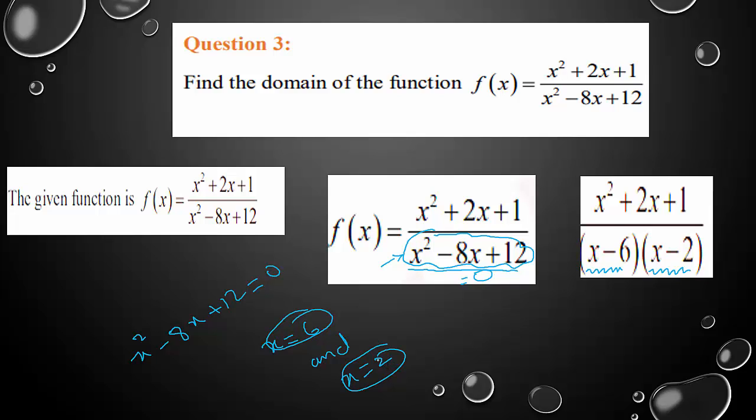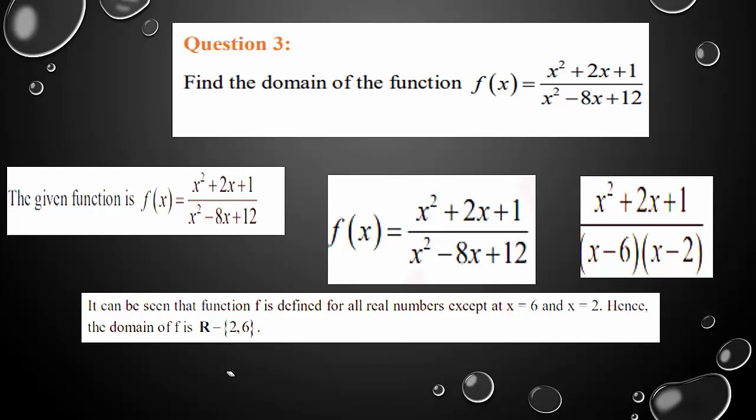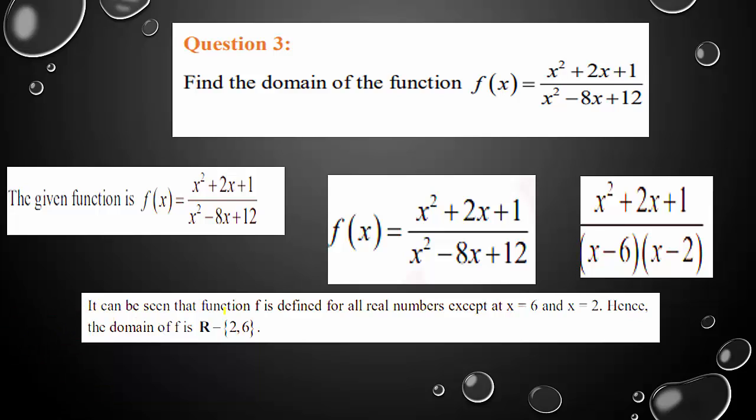That means we have to remove x equal to 6 and x equal to 2 from the real number set. It can be seen that the function f is defined for all real numbers except x equal to 6 and x equal to 2.